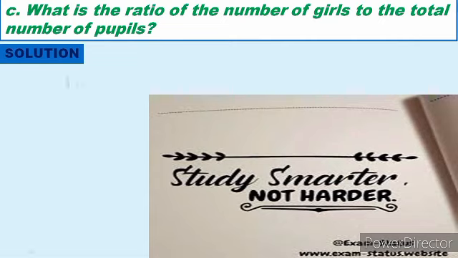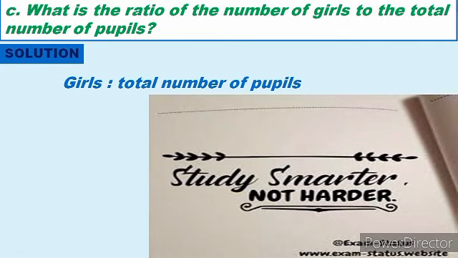So if I'm going to write my ratio now, my ratio becomes girls ratio total number of pupils. Are you seeing the way I'm writing my ratio? Girls ratio total number of pupils. Now my number of girls is 15, while the total number of pupils is 15 plus the number of boys, which is 25. 15 plus 25 equals 40.